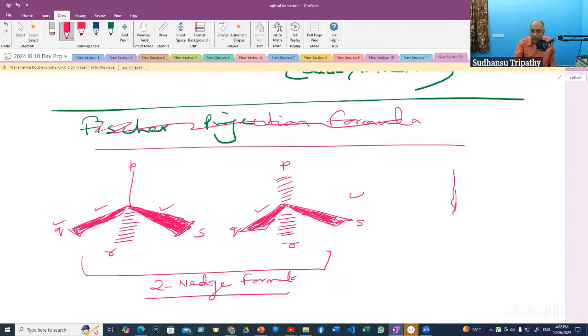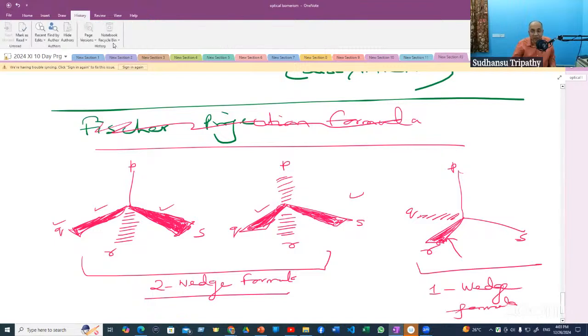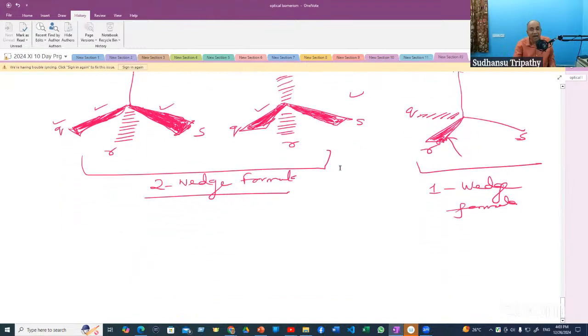Two groups or atoms will be lying on the plane, any two, either on this side or that side, and one will be lying above the plane and one below the plane. So P, Q, R, S. So this is one wedge formula, which is funnily called flying wedge formula.